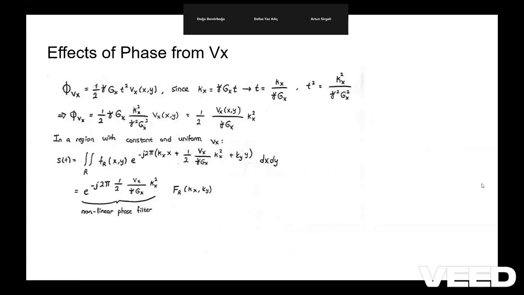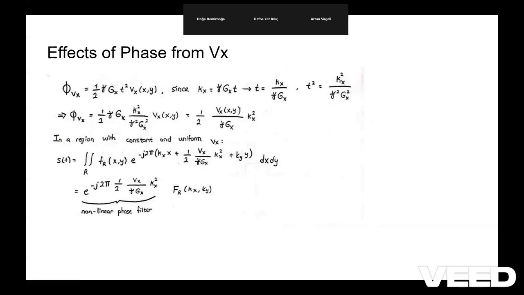However, the x direction velocity is not so simple. We can do the same derivation we did for the y case. However, this time we get a function of kx that is not linear. It's a term with kx squared. So assuming a region with constant uniform Vx, we can take it out.